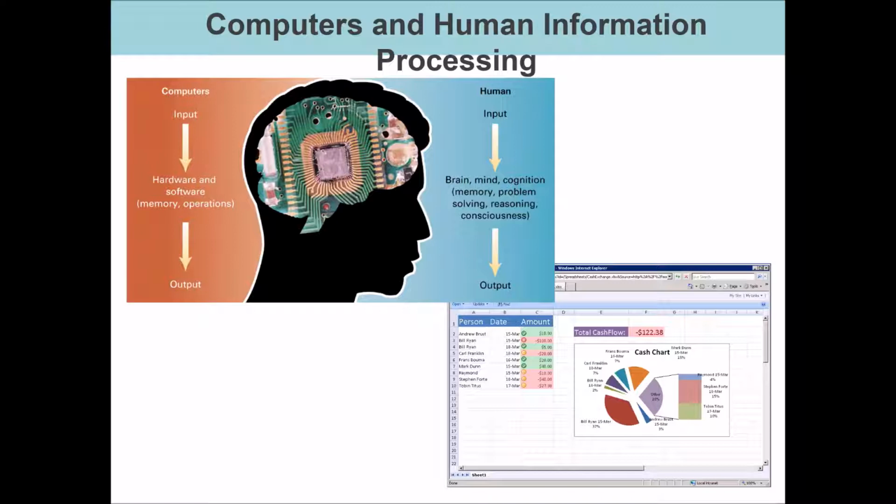So I want you to think about this analogy of how your brain is kind of like a computer. With a computer, right, you turn on your computer, you can open up a program like Excel and you input data. Here you can see on the bottom right-hand side, you've got a list of names and dates and the amount, and then you can have it make calculations by adding up totals or averages.